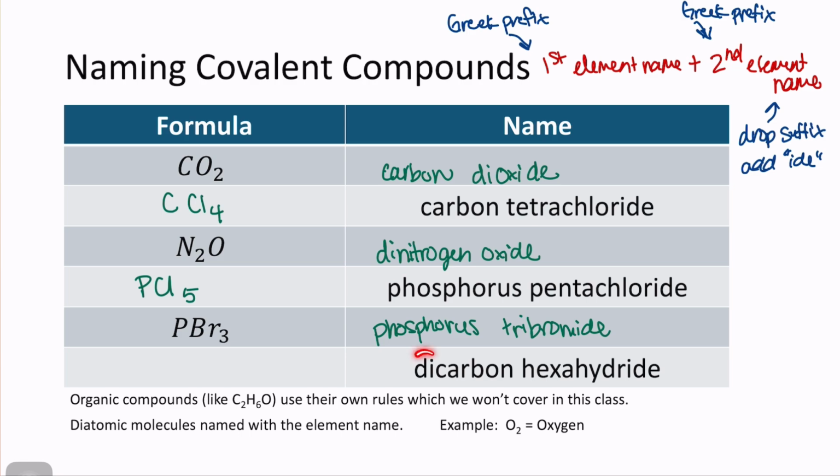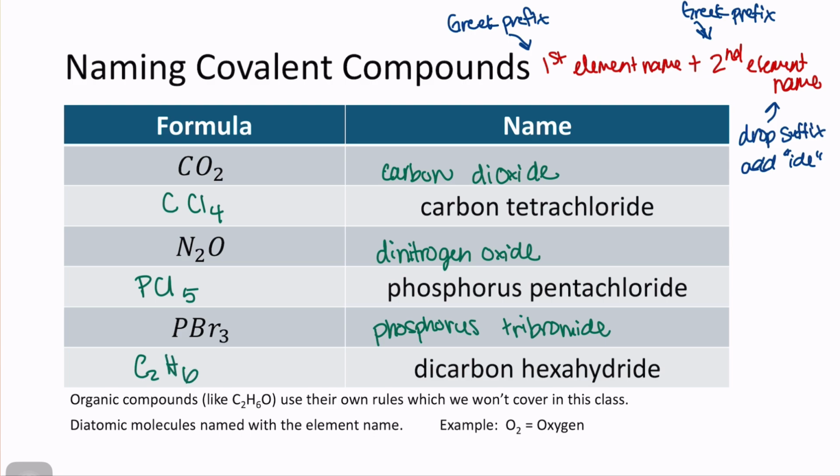In this next example, I have Greek prefixes in front of both of my atoms. So that means I need to have subscripts for both of my atoms. I'm dealing with carbon and hydrogen. I have two carbon and I have six hydrogen. So I will write C2H6.